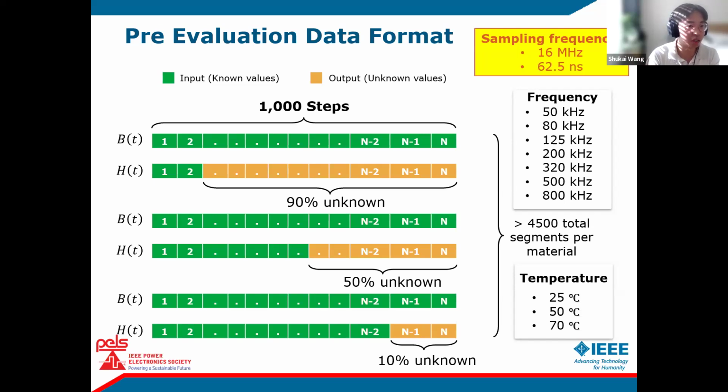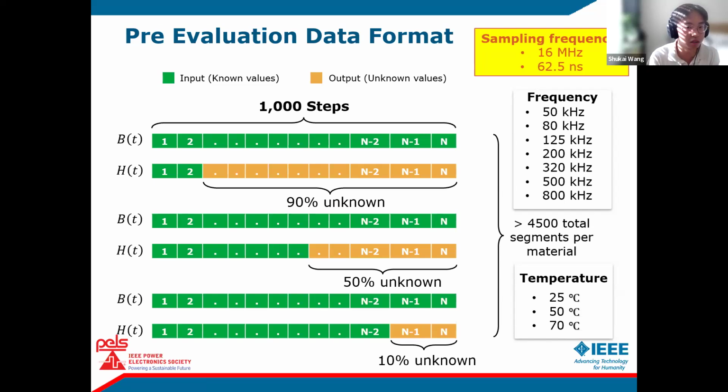For the pre-evaluation, we have provided each team with 10 materials of data, and each material has a data set that looks something like the one seen here. For the BH sequences, instead of providing a full-length data sequence, we're only providing 1,000 steps.